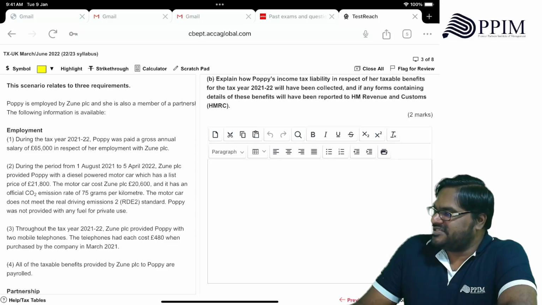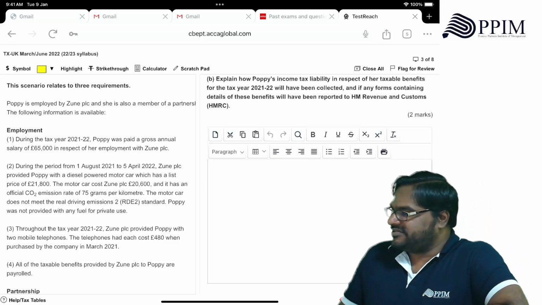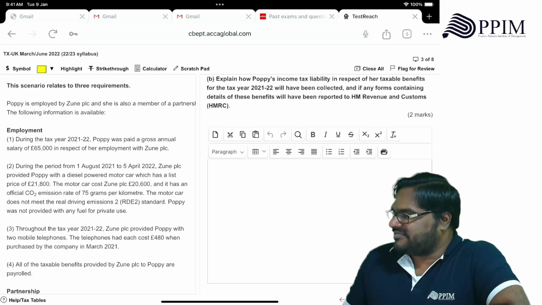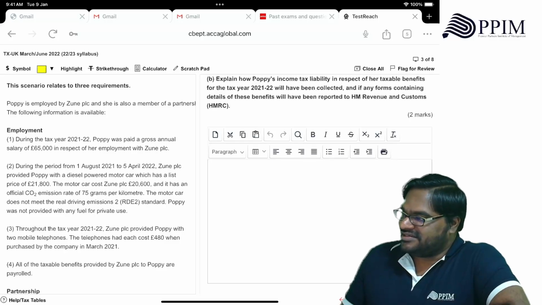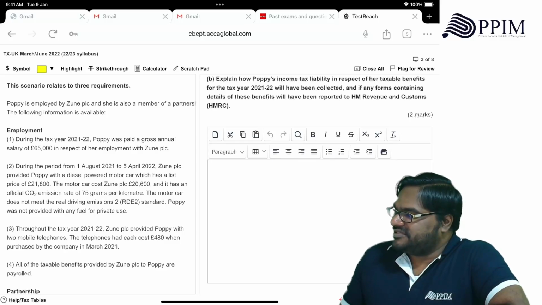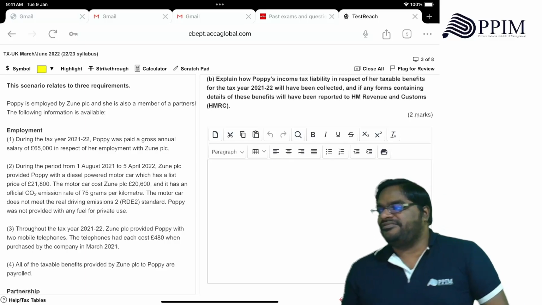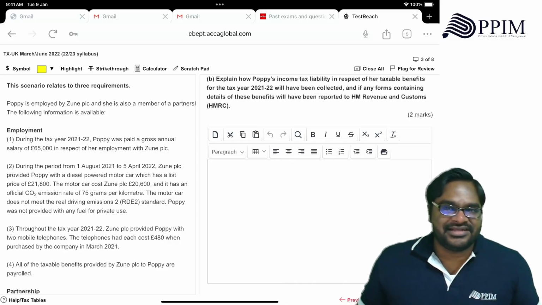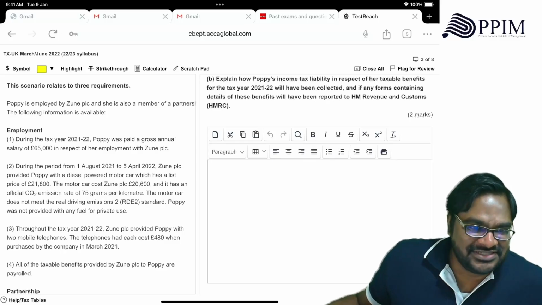Since all benefits provided to Poppy are payrolled, the relevant tax liability will be deducted when the employer is paying the salary. That means the PAYE method. Because all of the taxable benefits are payrolled, there is no need to submit form P60 to HMRC. Okay. So I got two answers and a couple of other answers from the physical students as well.